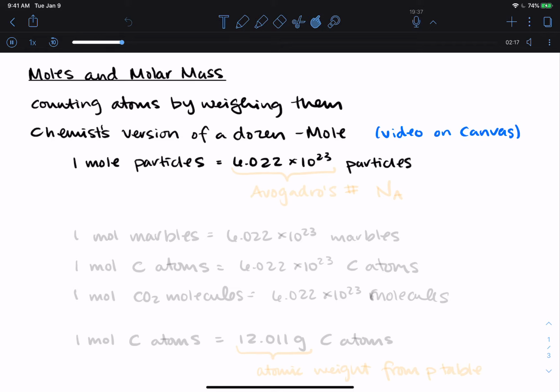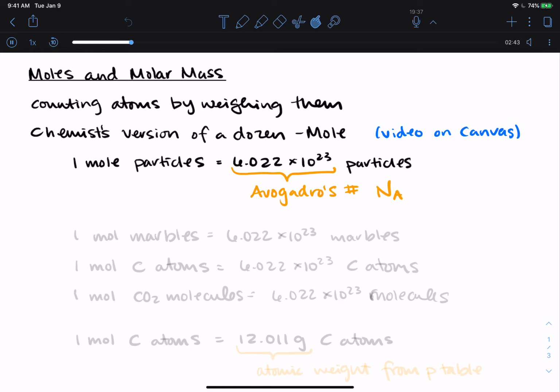So an absolutely huge number, and also this is Avogadro's number. And when you see it abbreviated, you'll also see it as a capital N with a lowercase a. And if you see that, it means the 6.022 times 10 to the 23rd.